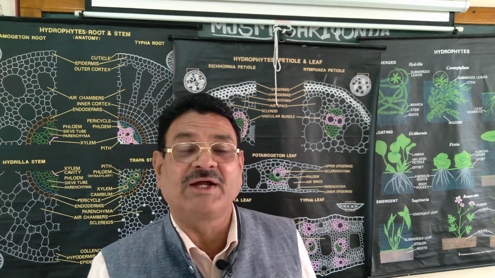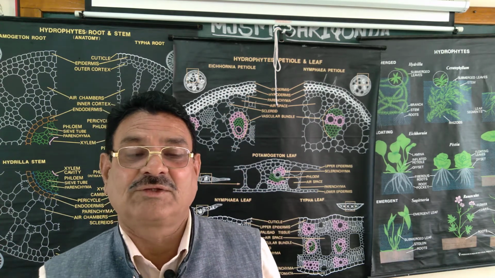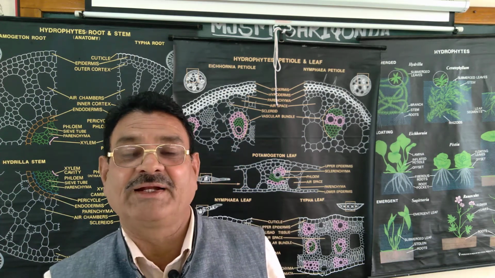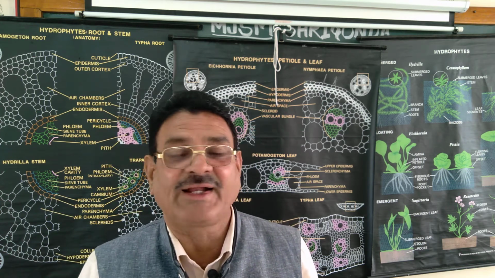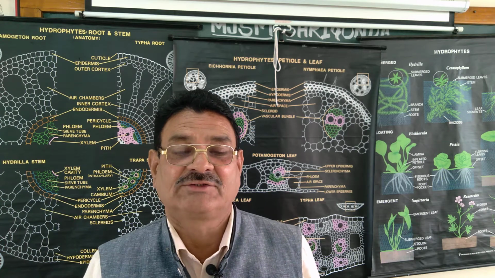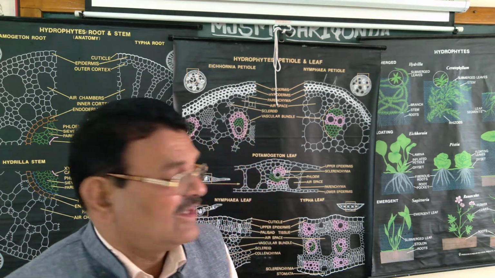Then submerged hydrophytes. The plants of this group are completely submerged in water. The submerged hydrophytes are divided into 2 types: submerged suspended hydrophytes and submerged rooted hydrophytes. The submerged suspended hydrophytes are not attached to the bottom, example Hydrilla, and submerged rooted hydrophytes are attached to the bottom, example Vallisneria.